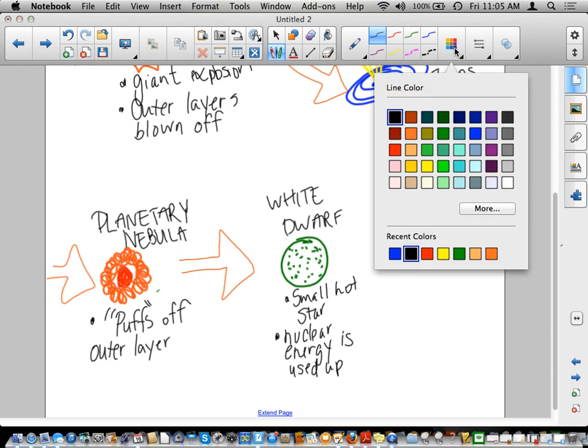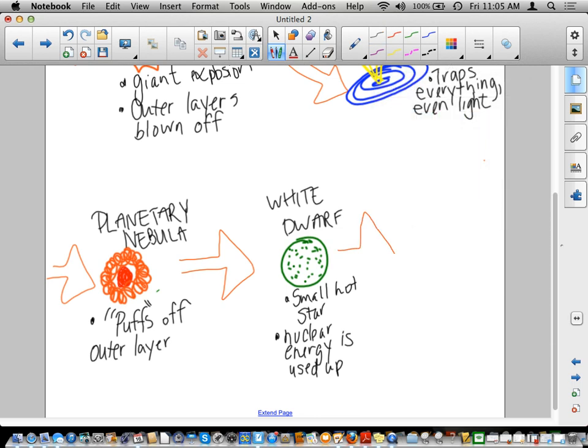And then the last stage is called a black dwarf. It no longer has the energy to even glow anymore. I thought that was a brown one. Nope.